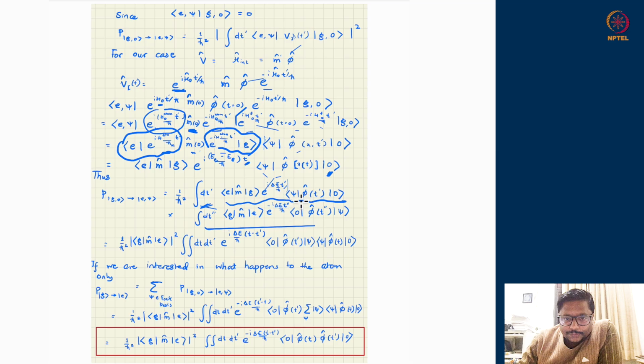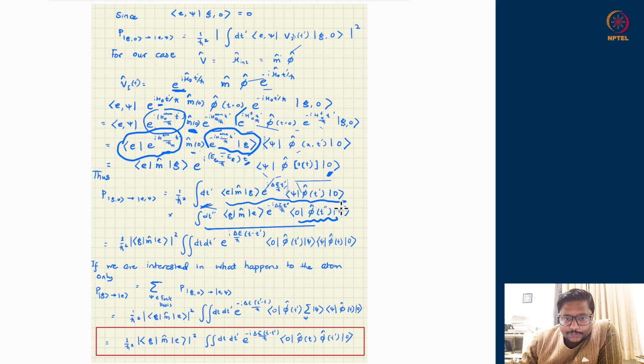Only thing you have to be careful about is that now this is a complex number. A real field or Hermitian field squeezed between two different states can give me a complex number. So these are not operators anymore. They are just matrix elements or complex numbers. So I can flip them. So I can first write phi t double prime between 0 and psi, and then psi phi t prime between psi and 0.